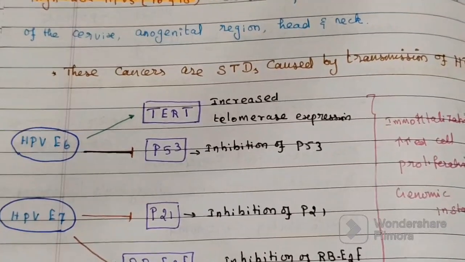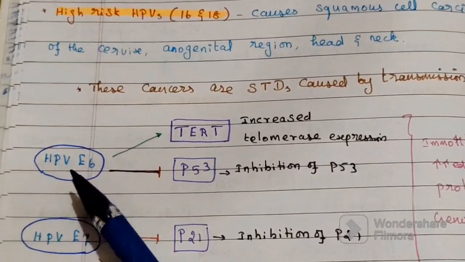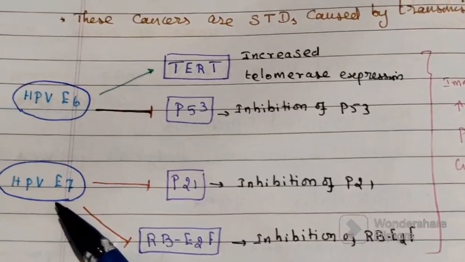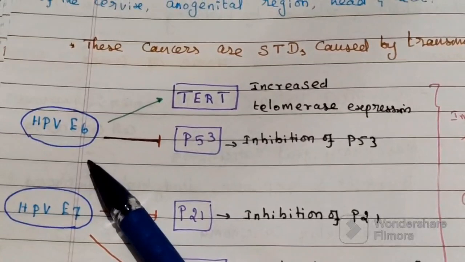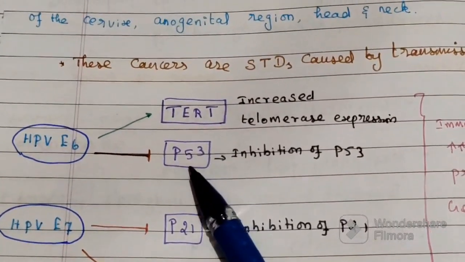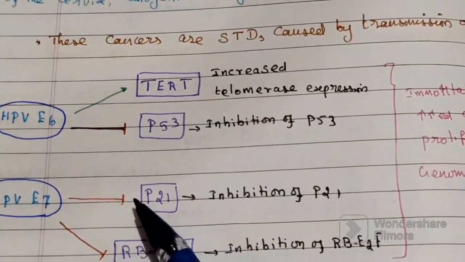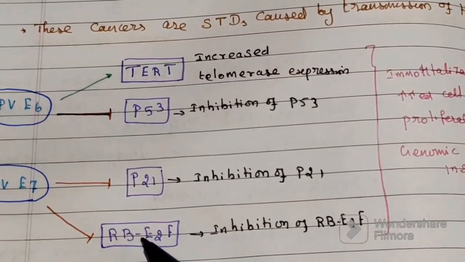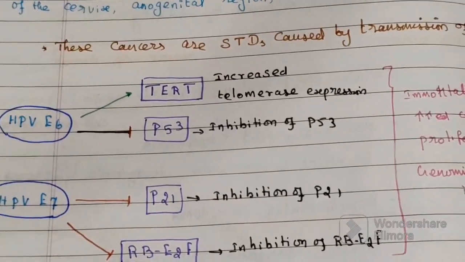Human papilloma virus has two proteins, E6 and E7. E6 acts on two genes, TERT and P53. E7 acts on two genes, P21 and RB retinoblastoma, E2F, totally 4 genes.